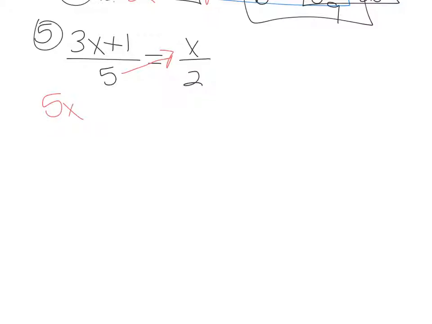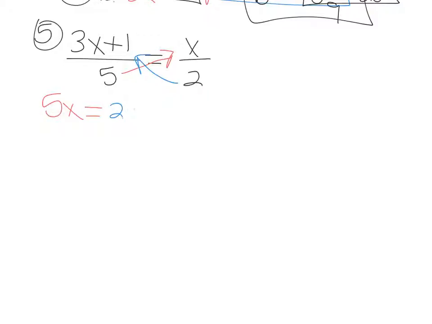You still multiply up and across. So I have 5x equals, but what you have to be careful about is I have to take 2 times that entire numerator, not just 2 times 3x or 2 times 1. So how could I show that I need to take 2 times that whole thing? Parentheses, which means we are going to have to distribute.